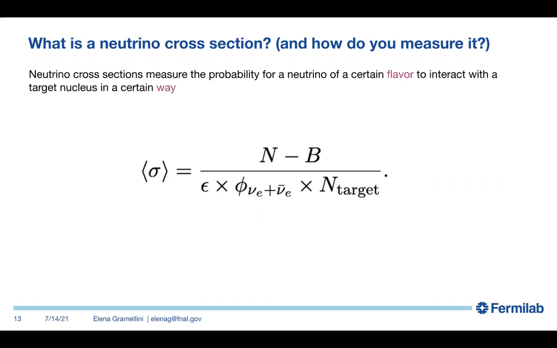But in general, you're basically counting the interactions of a certain type. You know how many neutrinos were sent to you, and you find the probability that they interact. So you can do single-bin or differential measurements, and I can briefly talk about that.